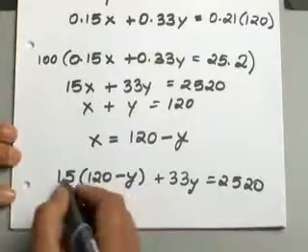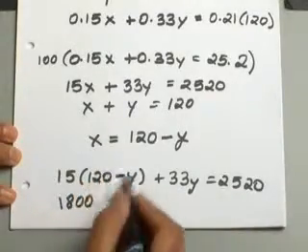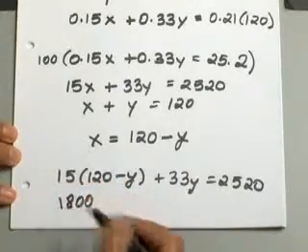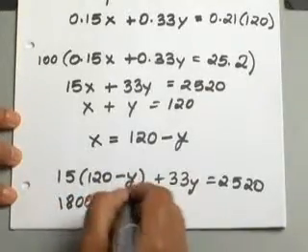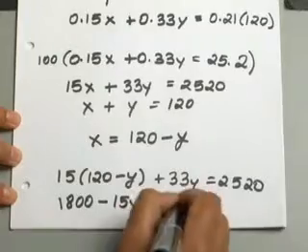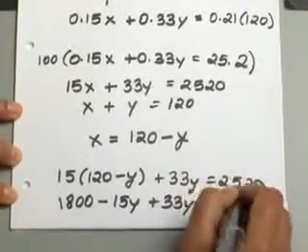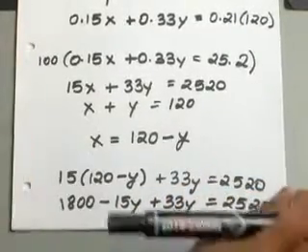Okay, because of course you distribute your 15 into the parentheses, so 15 times 120 is 1800, and then 15 times y is 15y plus 33y equals 2520.